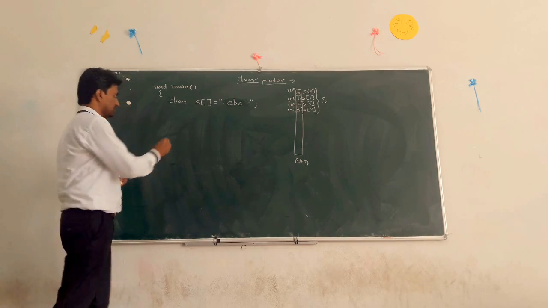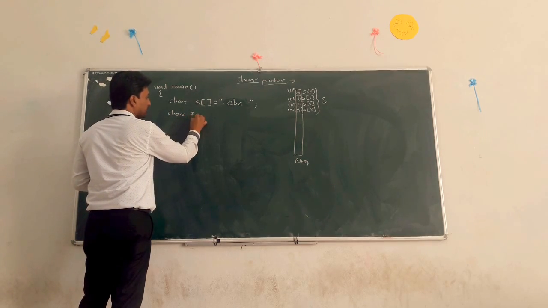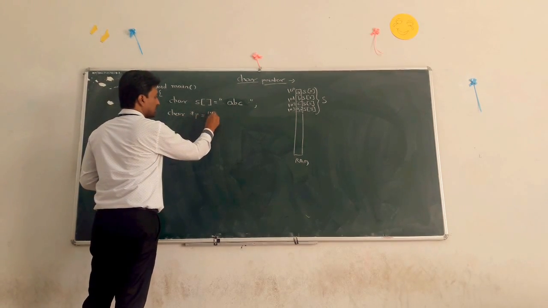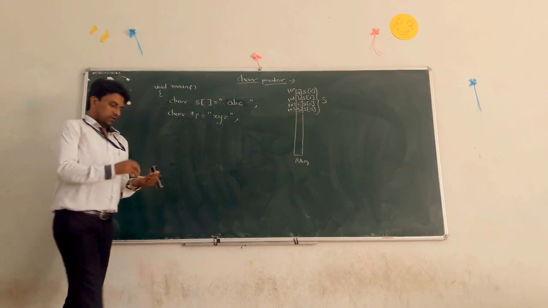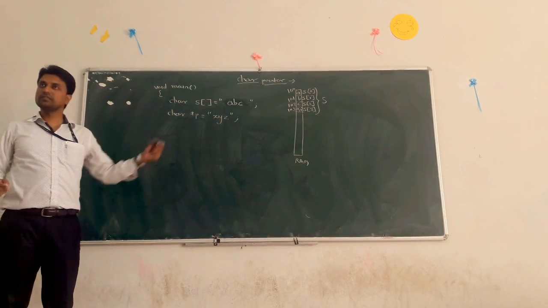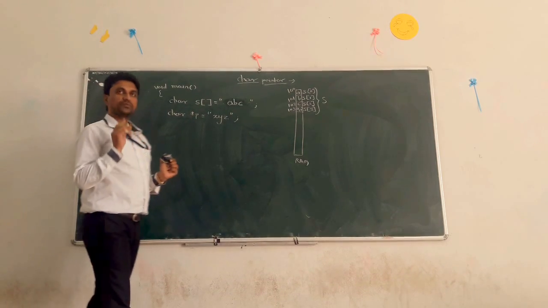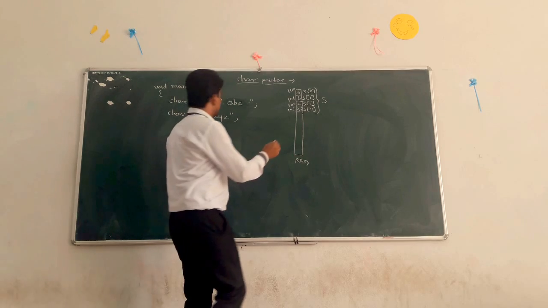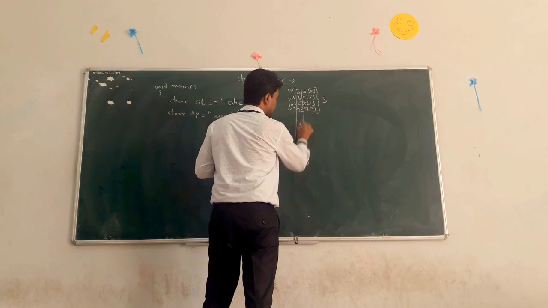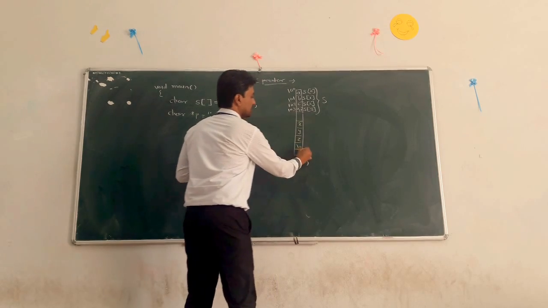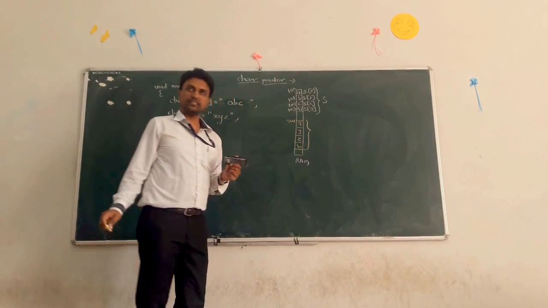For example, char *p, and I want to initialize it with the string XYZ. This is also called string initialization, but the memory management is different. For example, X, Y and Z, \0: this is some memory starting from address 200.